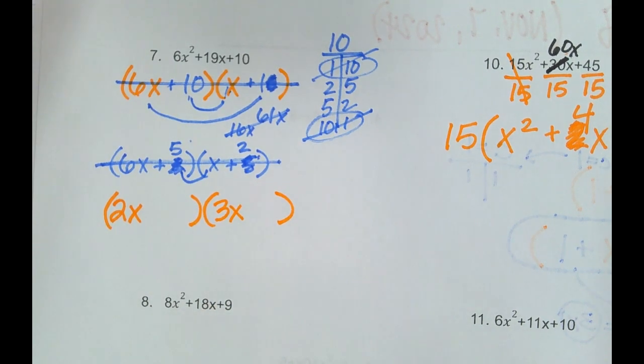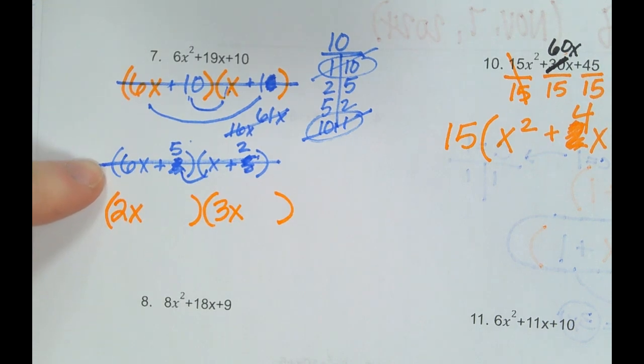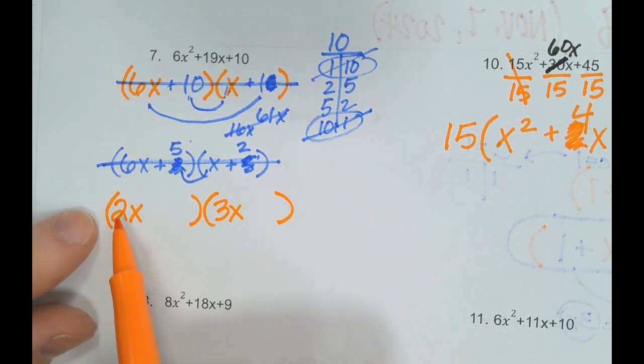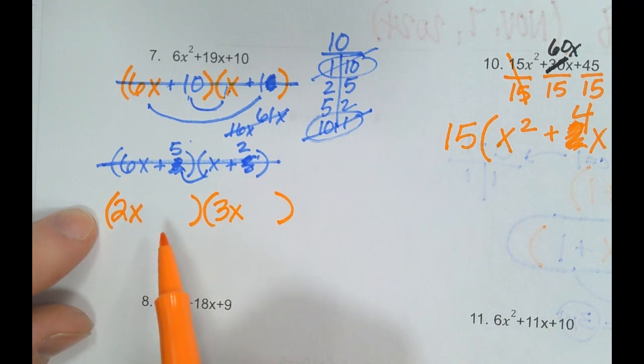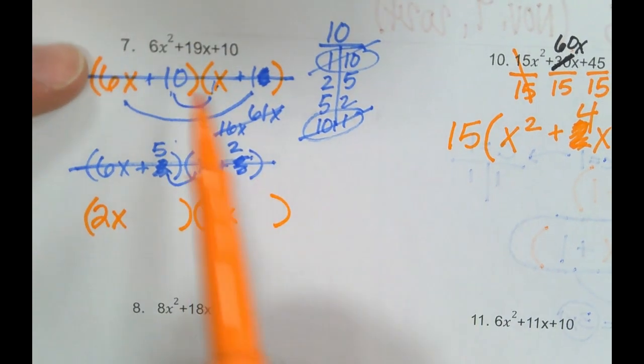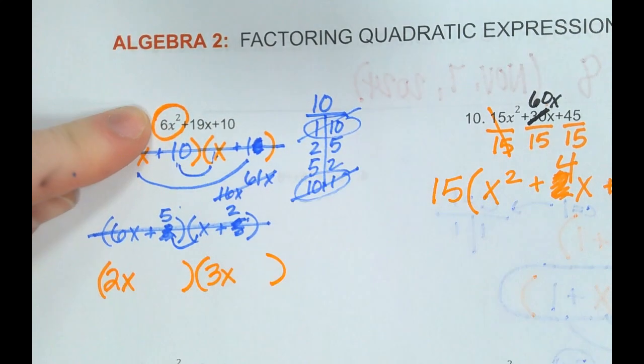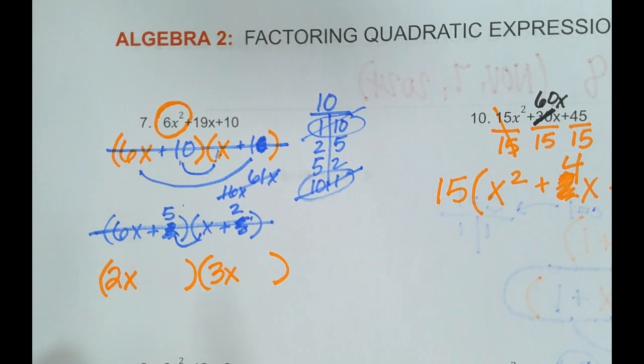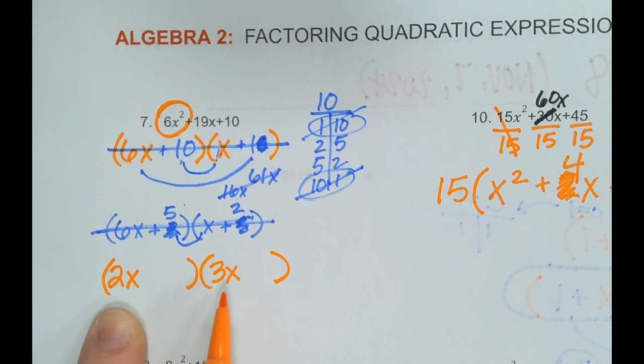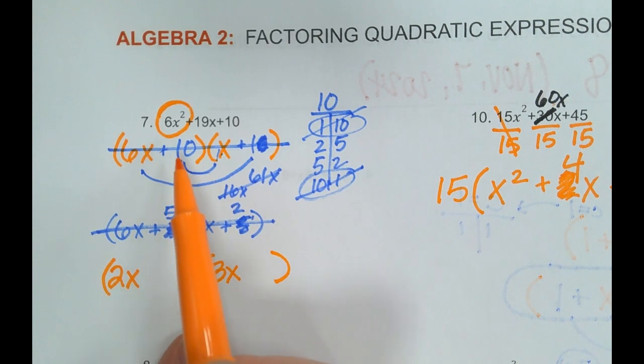If we're going to break down, we're breaking down 6A, right? 2 times 3 equals 6. Remember, our original leading term here is 6x squared. So we need the first things in our parentheses to multiply to 6x squared. And 2x times 3x gives us 6x squared.